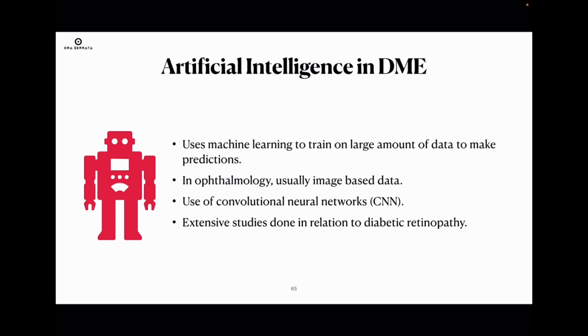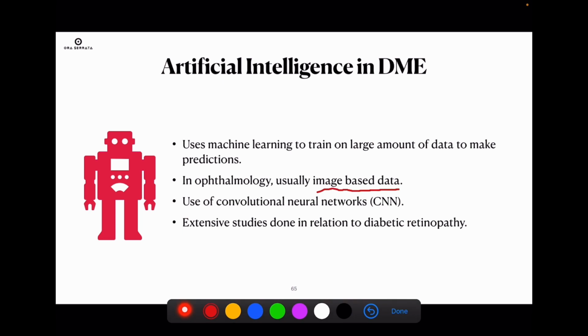In recent times there have been a lot of studies with the usage of artificial intelligence in diabetic macular edema. In ophthalmology, we have a large database of image-based data. These artificial intelligence models use something known as convolutional neural networks.